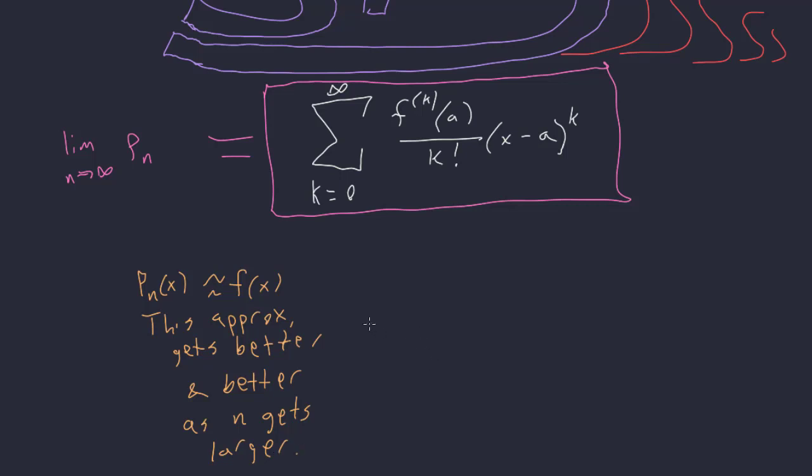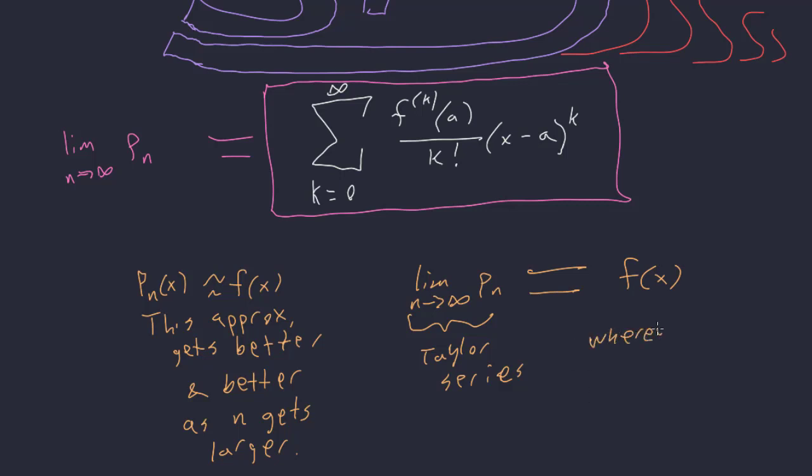So what that means is if we take the limit as n goes to infinity of Pn, which gives us a series, so this is now the Taylor series versus just the Taylor polynomial, we will actually get equality, and we'll get equality wherever the series converges.